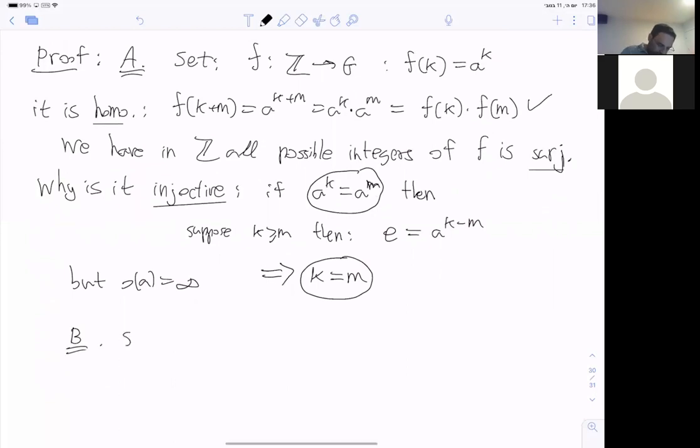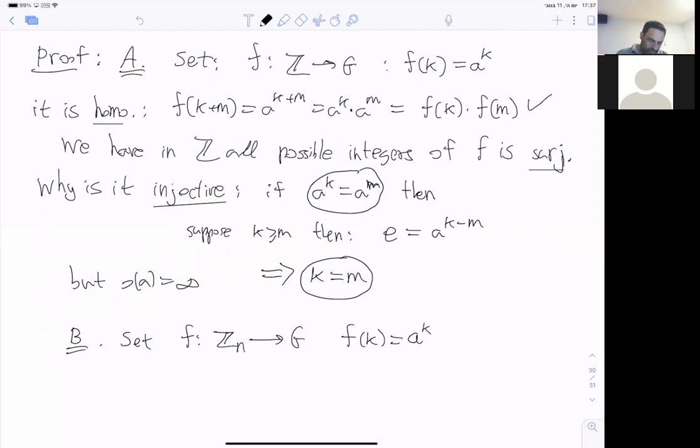We set again F from Z then to G by taking, now it's a little bit different. We take again a K to be a K. It's the same thing for now.